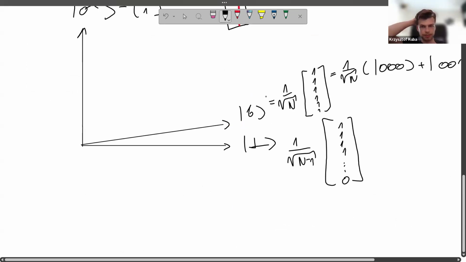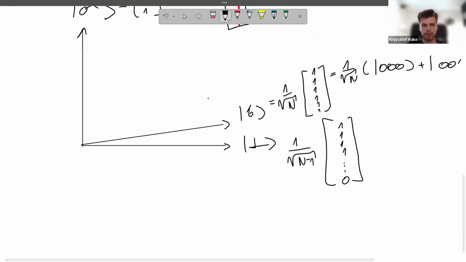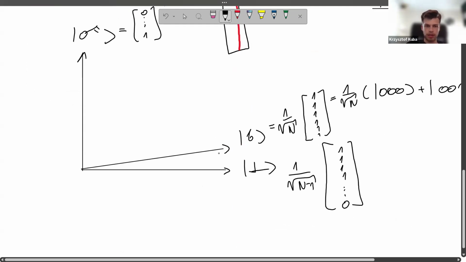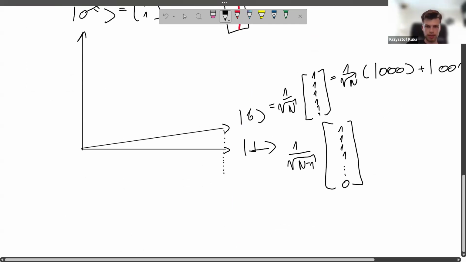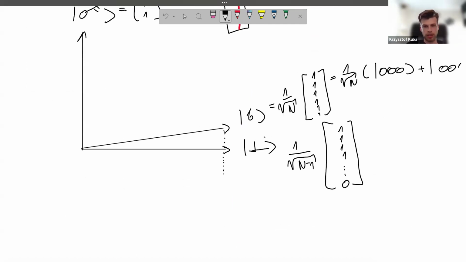So what does it mean? This means that the component of our key is getting a minus sign, but all the components where there's no key stay the same.